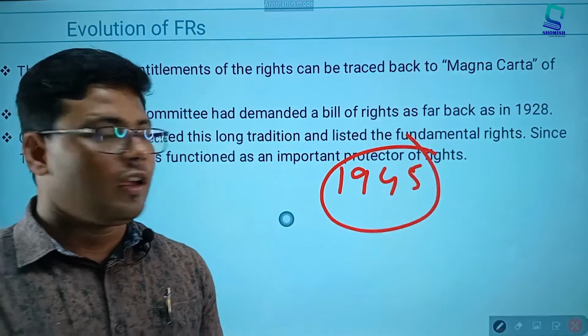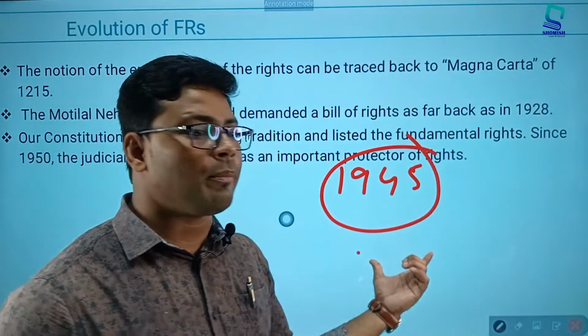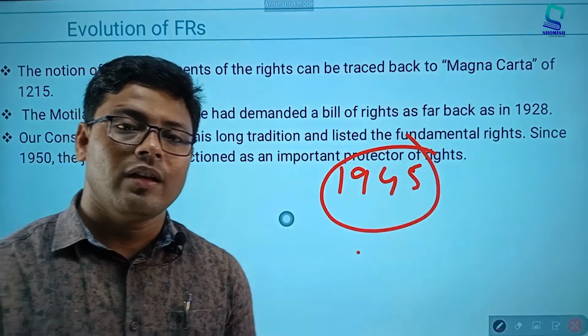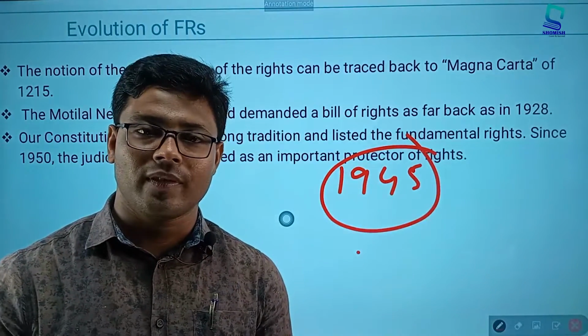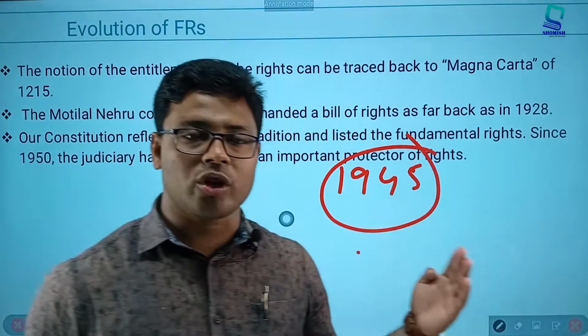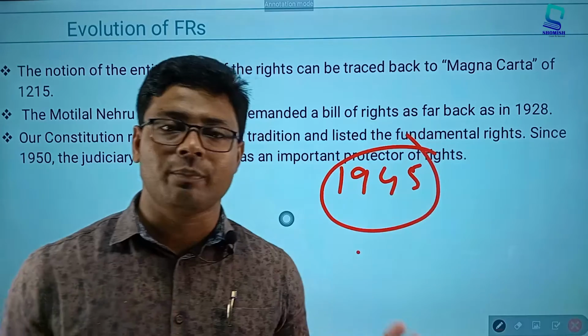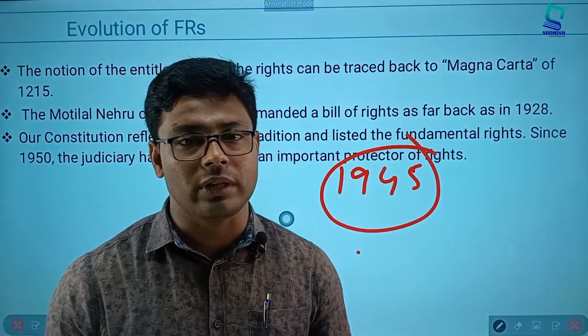So, according to this Sapru Committee, they divided rights in two parts. One part is justiciable and another part is non-justiciable.